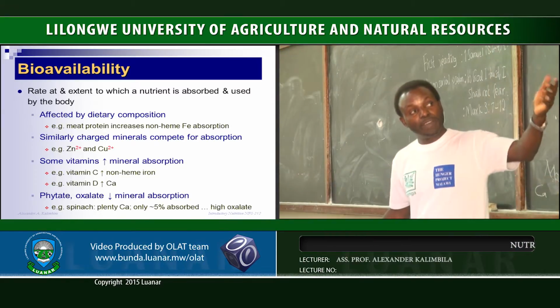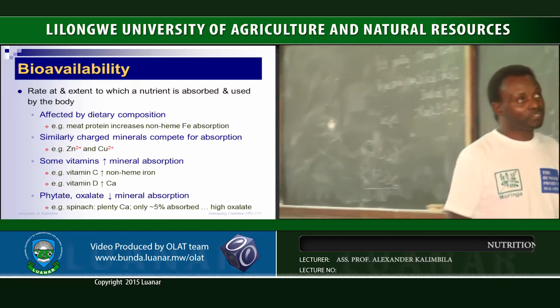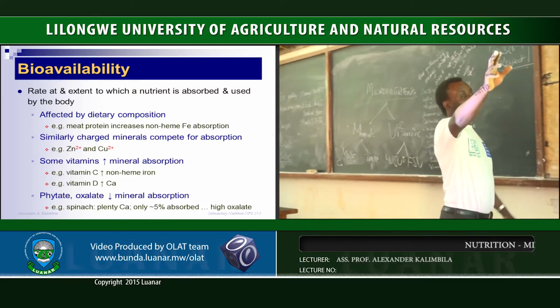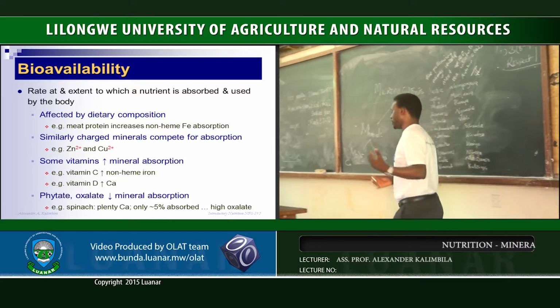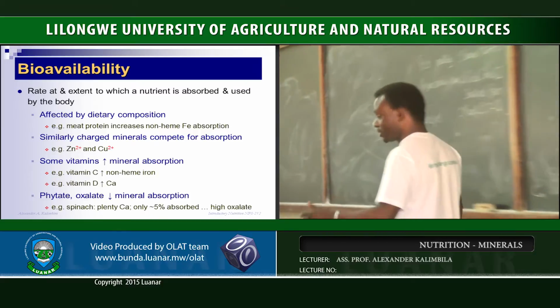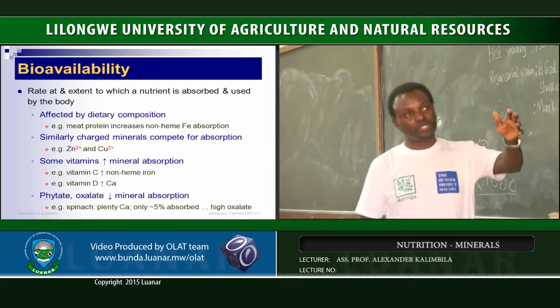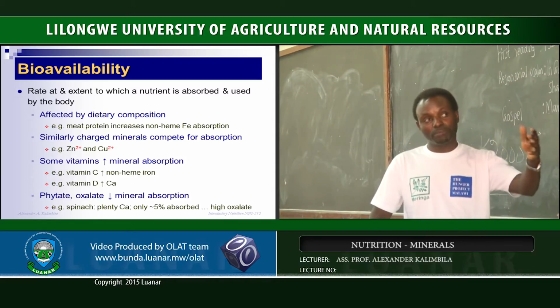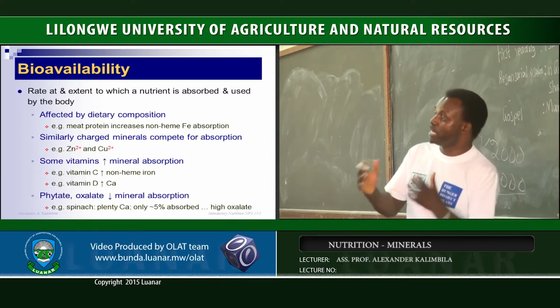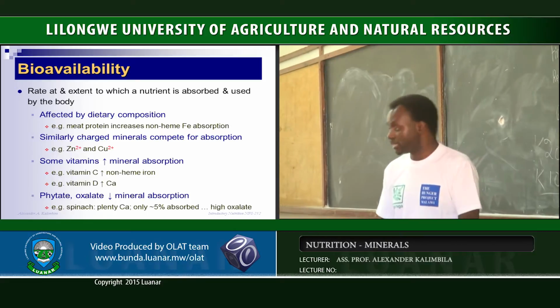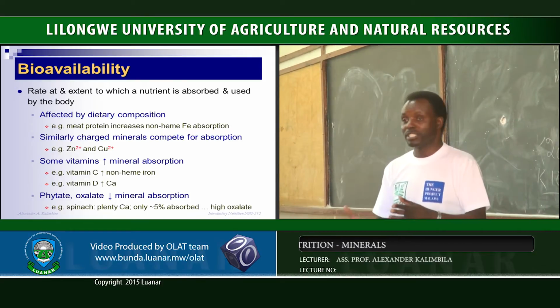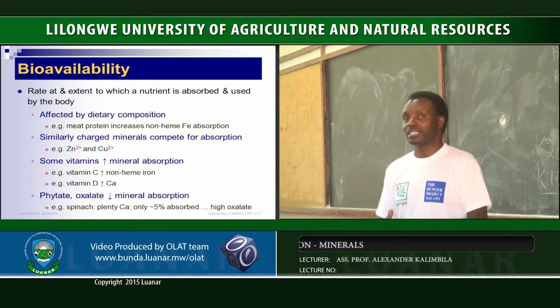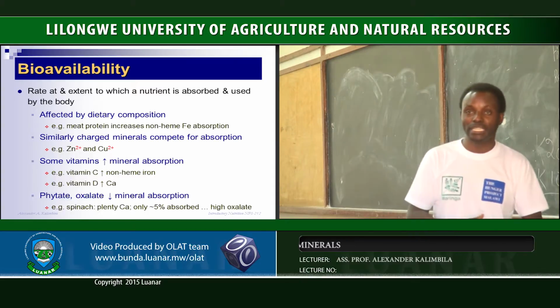So bioavailability is affected by several factors. One of them is the dietary composition, and I'll just give you examples here. If you look at non-heme iron, absorption is enhanced when you have meat protein in the diet. In the absence of meat protein in the diet, bioavailability is affected.